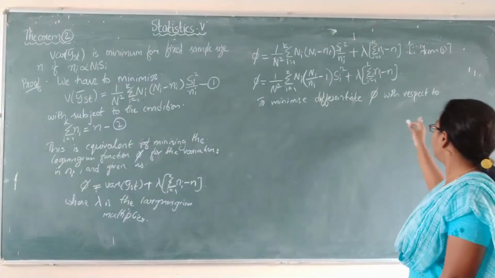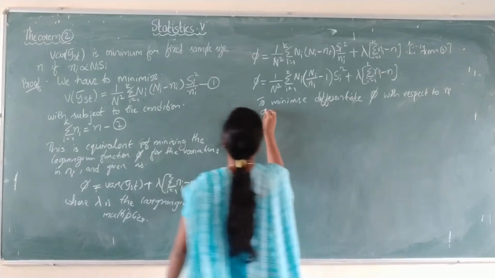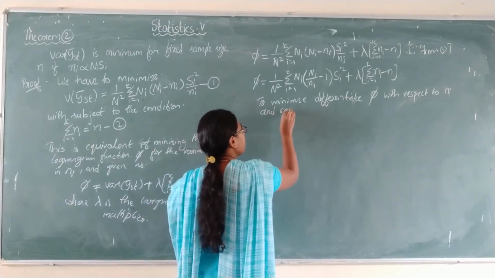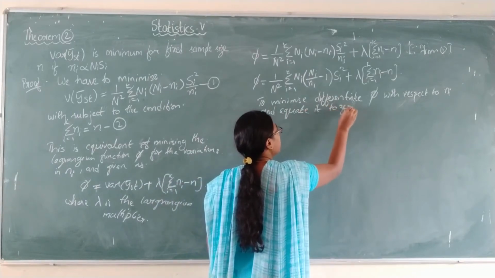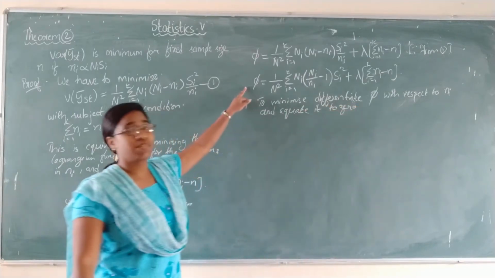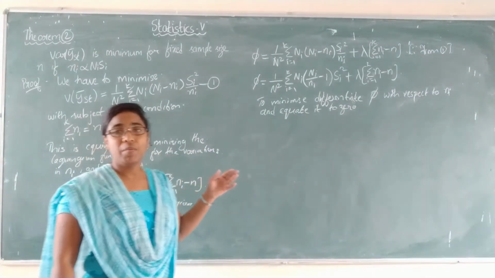So we will differentiate with respect to ni and equate it to 0. By differentiating this equation pi with respect to ni, we will be getting the ni value.